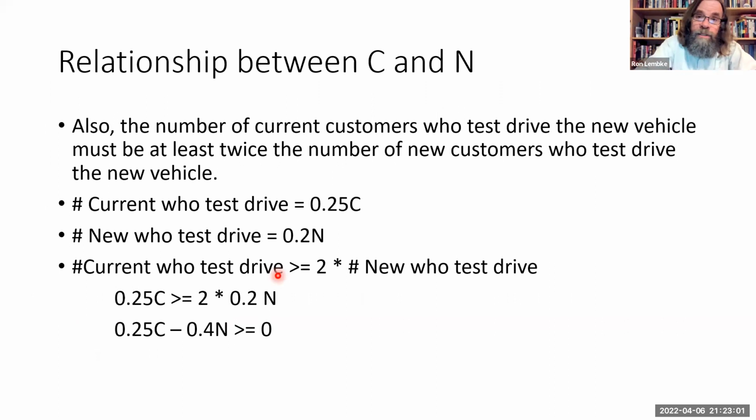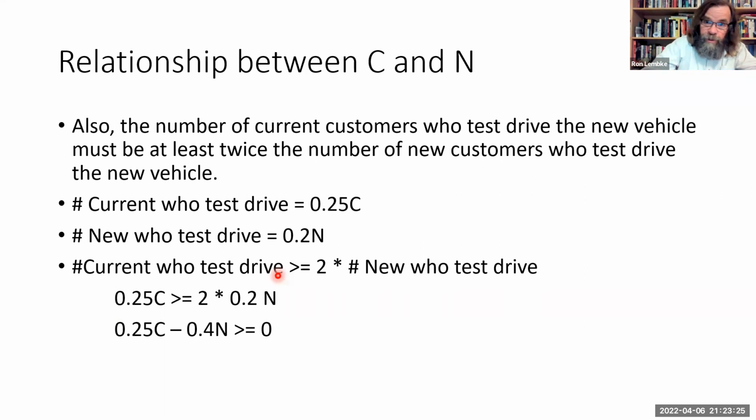The last one we need to deal with here is this relationship between the two. The goal we were given is that the number of current customers who test drive should be at least twice as big as the number of new customers. So current customer test drives should be greater than or equal to 2 times the number of new customer test drives.